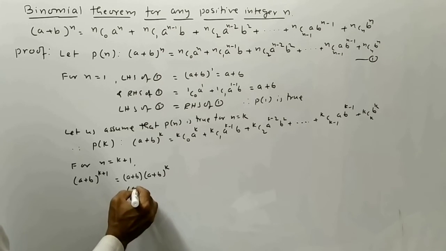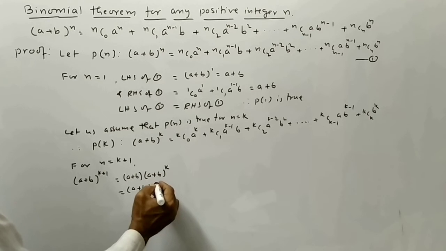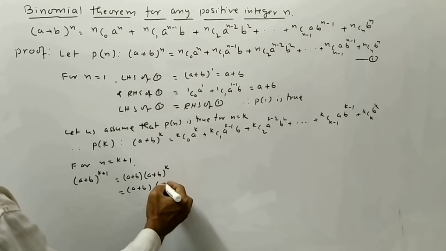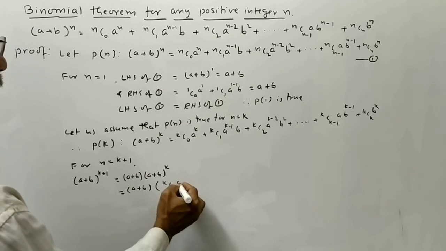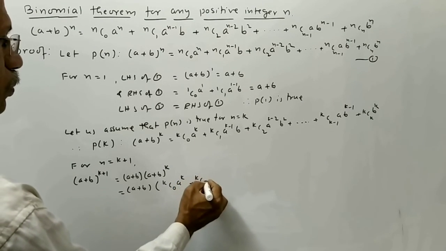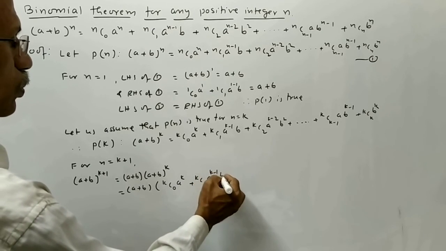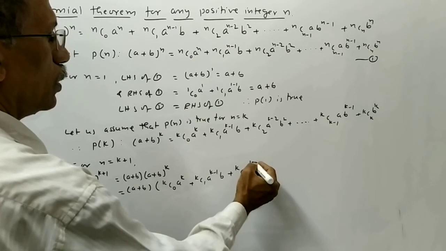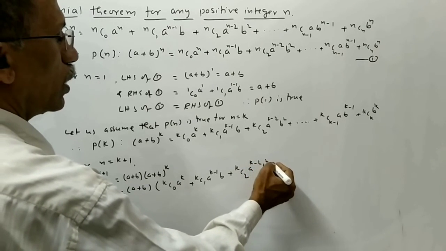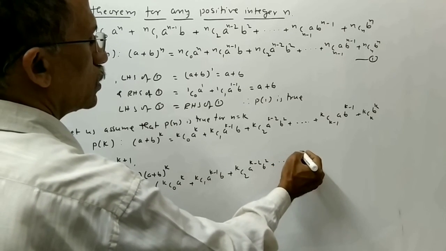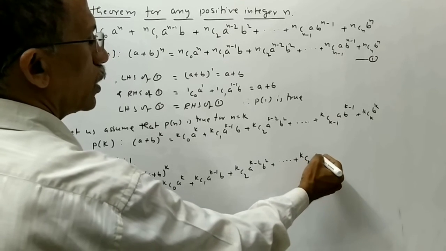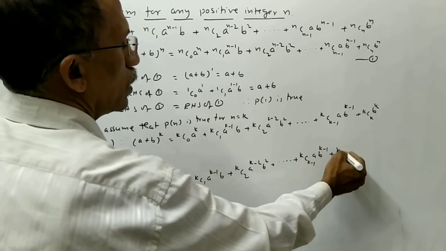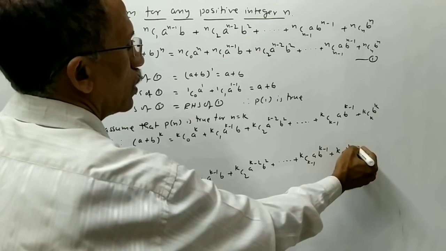Is equal to (a plus b) into (a plus b) whole raised to the power k, that is kC0 a raised to the power k plus kC1 a raised to the power k minus 1 into b plus kC2 a raised to the power k minus 2 into b square plus --- plus kC(k minus 1) into a into b raised to the power k minus 1 plus kCk into b raised to the power k.